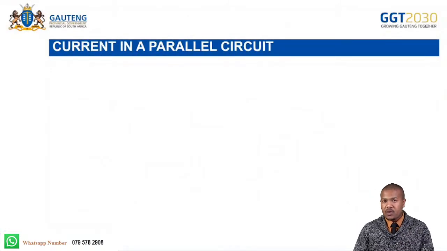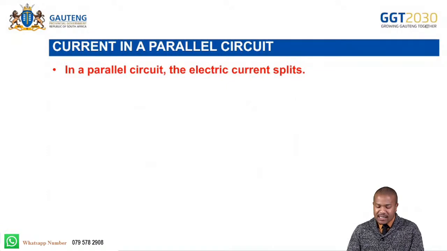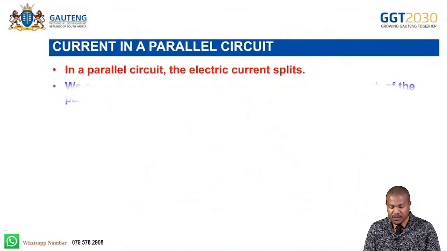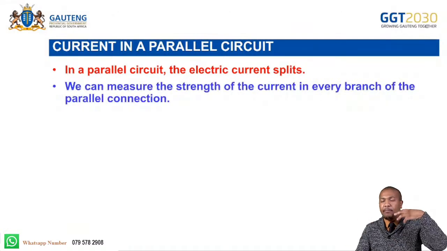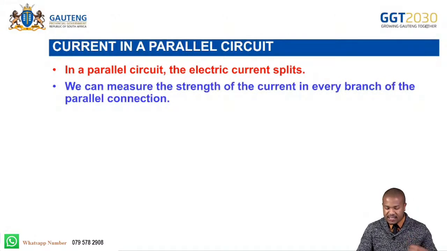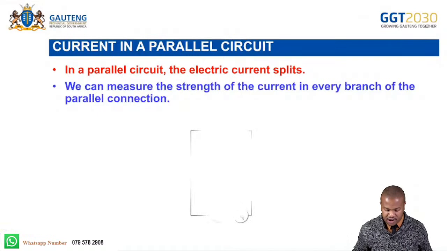Now I want us to talk about current in a parallel circuit. In a parallel circuit, the electric current splits. By splitting, we mean that it divides amongst the pathways provided by the circuit. And we can measure the strength of the current in every branch of the parallel connection.